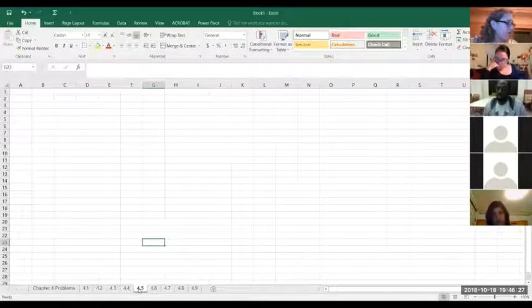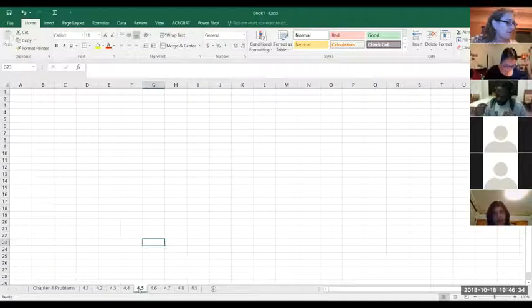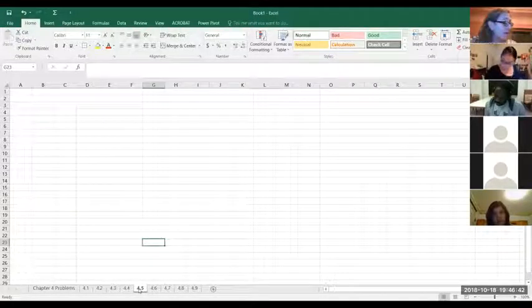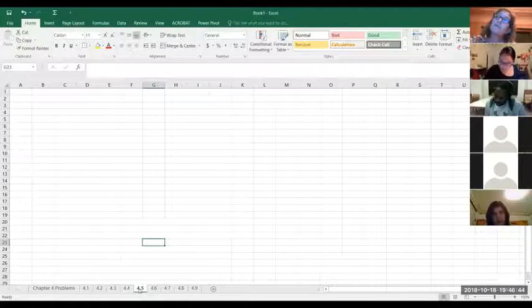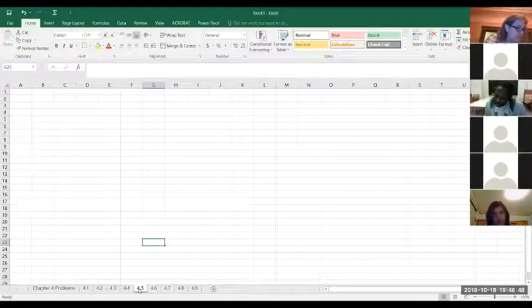Liabilities over assets, right? Is it going to be less than 1? Yes. 7.7 over 9.8, yes, that'll be less than 1. Yep, it will be. Okay.